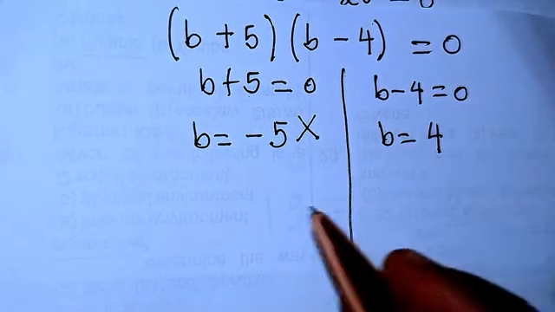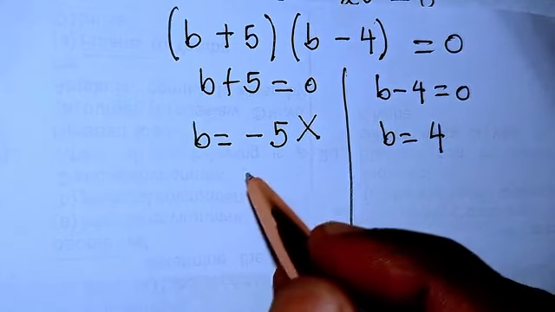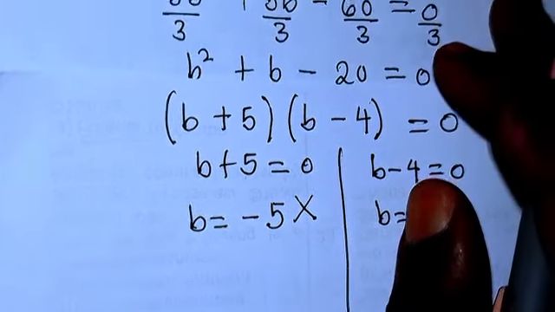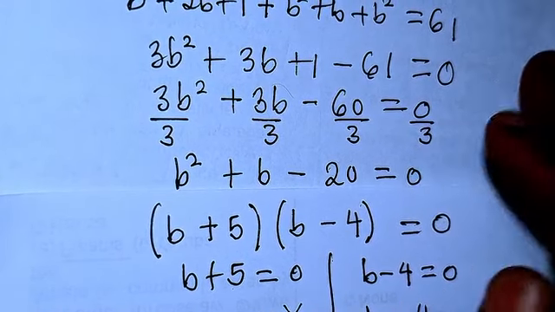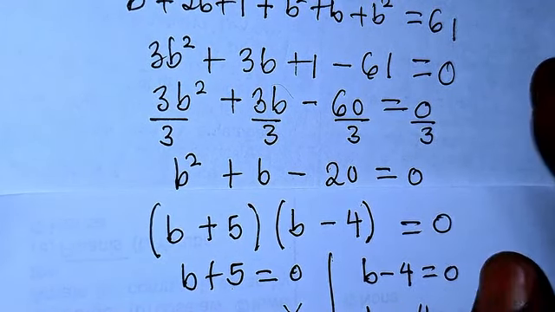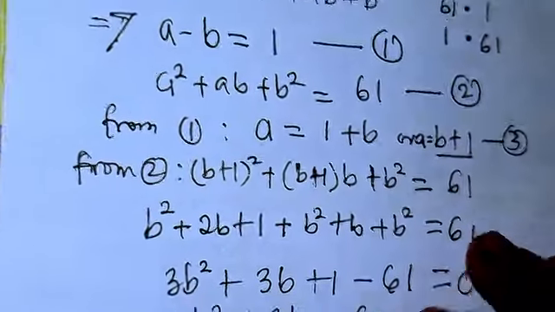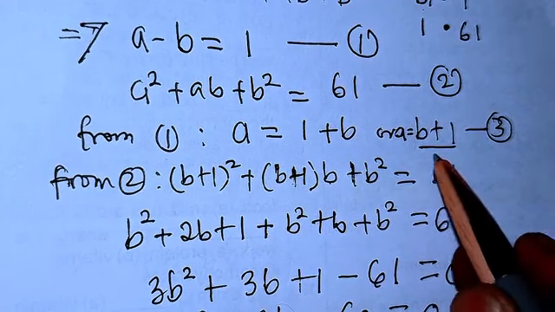The reason why we discard this: when you go to where we said we should have, from 3 here, we have b plus 1.